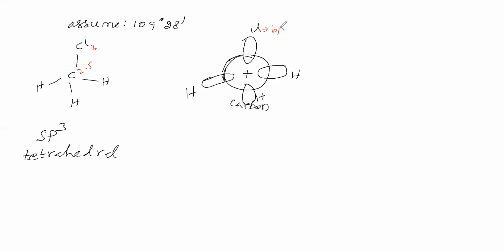Here, for the CH bond pair, the electronegativity of hydrogen is 2.1, so the electronegativity difference is small, only 0.4. For CCl, the electronegativity difference is 0.5.